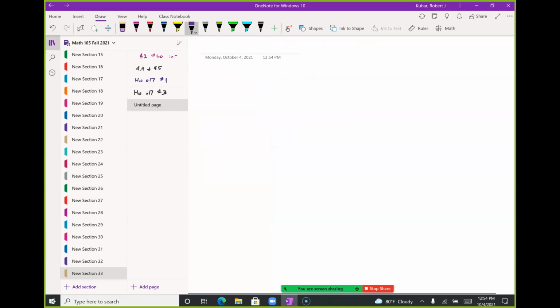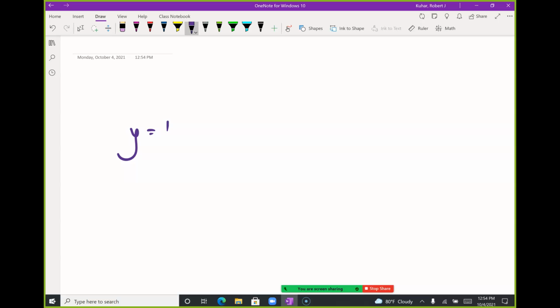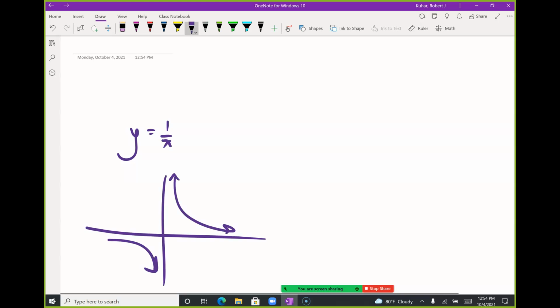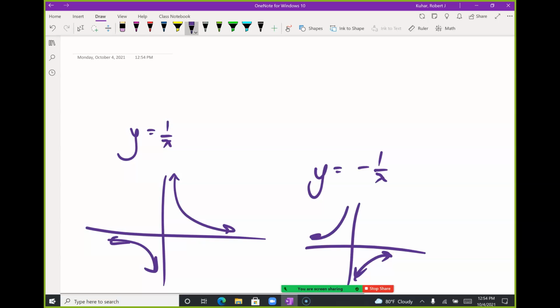I'm saying that y equals 1 over x has this shape, and y equals negative 1 over x has this shape. I'm just switching my positives and negatives, right?